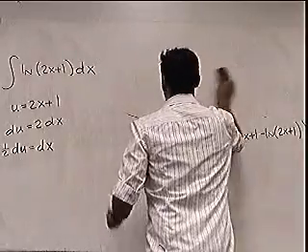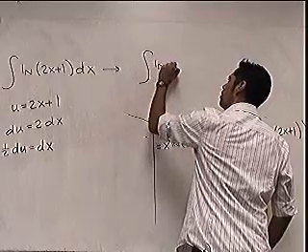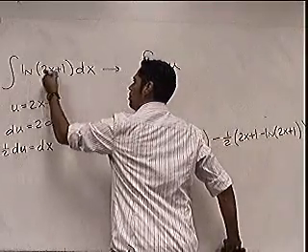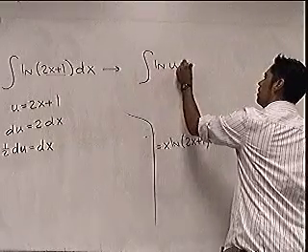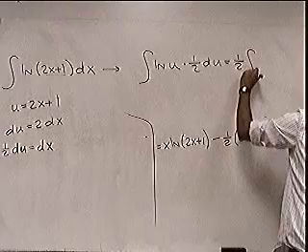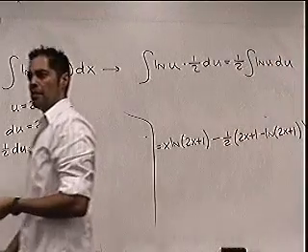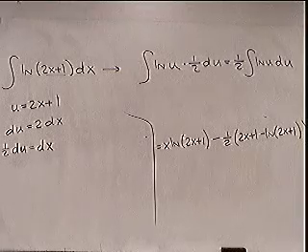Now rewrite the integral. What would this integral become? The integral of natural log u, and dx is 1/2 du. This is 1/2 integral natural log u du, and we came up with the formula for that last class. It was u natural log u minus u.